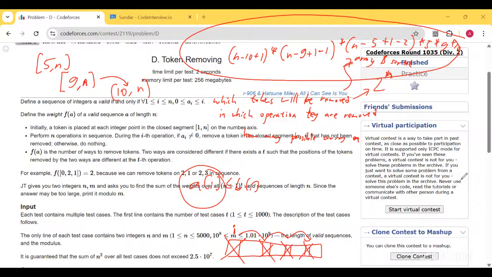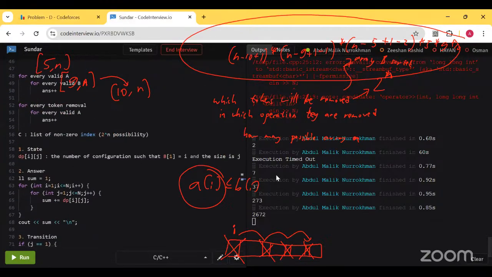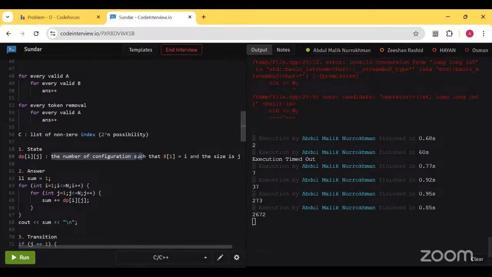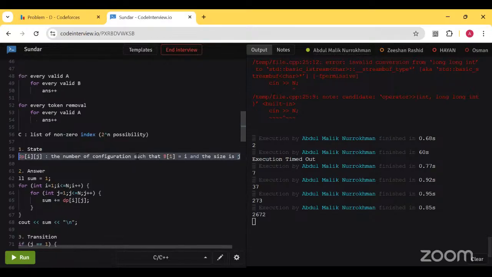Or okay, let's go back to the DP. The number of configurations such that the first token we want to remove is token I. I mean the leftmost token, not always the first, but the leftmost. The leftmost is I, and the number of tokens we remove is J. Okay, you got it?